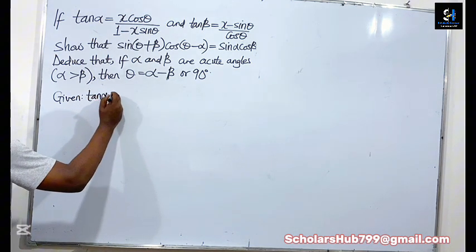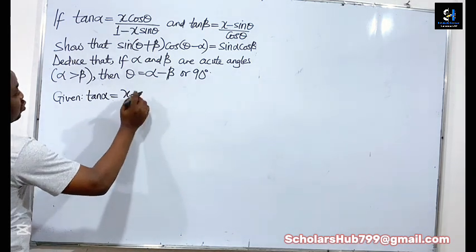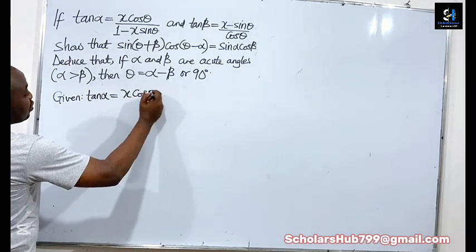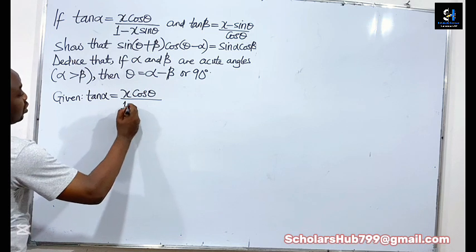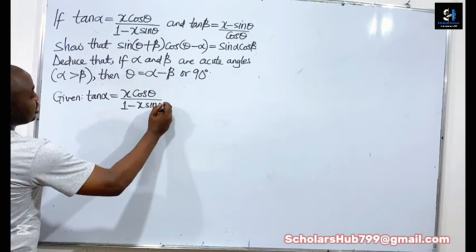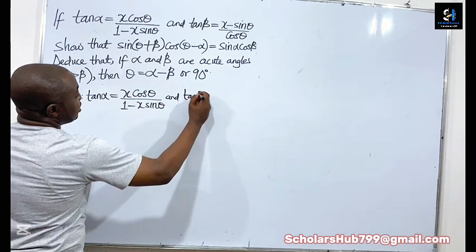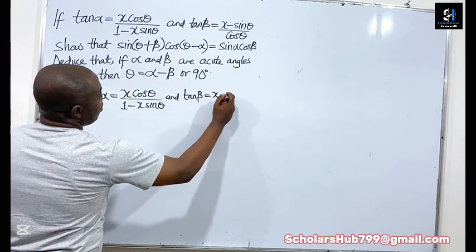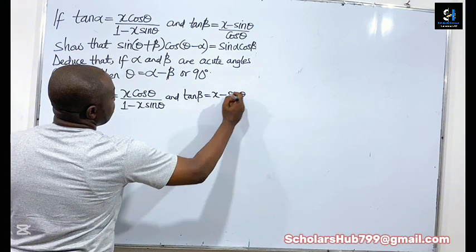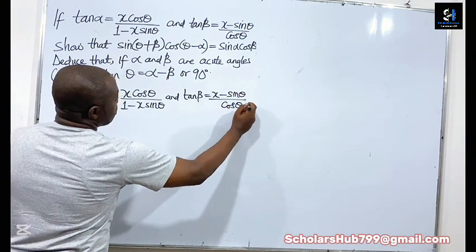All right, so we are given tan alpha equals x cos theta over 1 minus x sin theta. And we are also given tan beta, which is equal to x minus sin theta over cos theta.